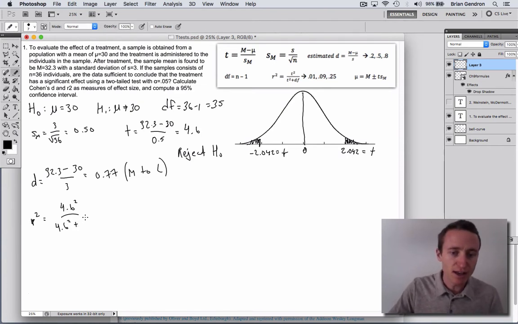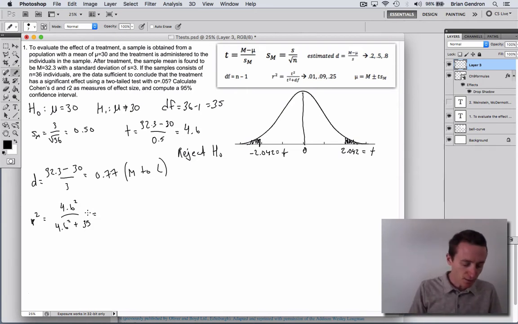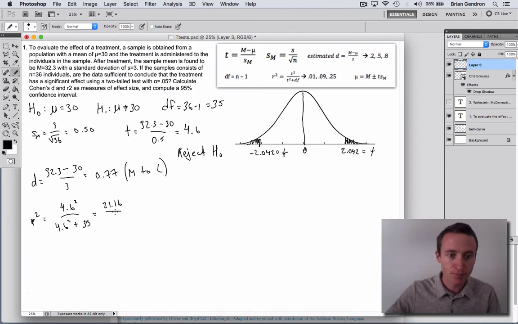4.6 squared plus degrees of freedom, which was 35. Let's go ahead and do that. So it looks like we're getting 21.16 in the numerator, 56.16 in the denominator.